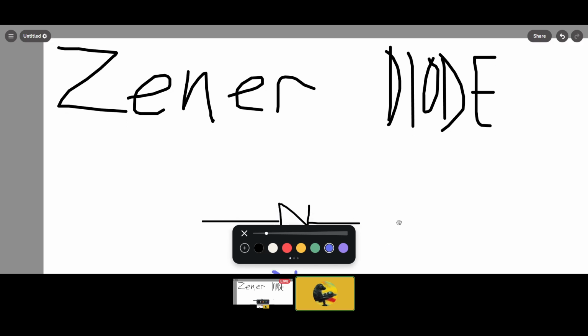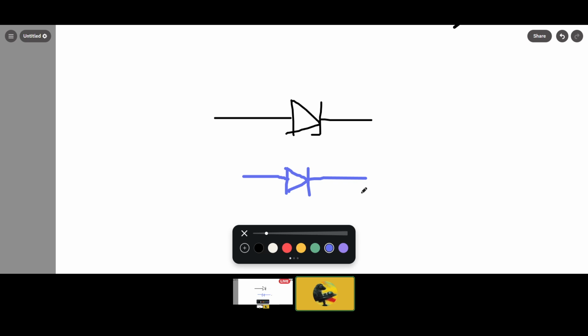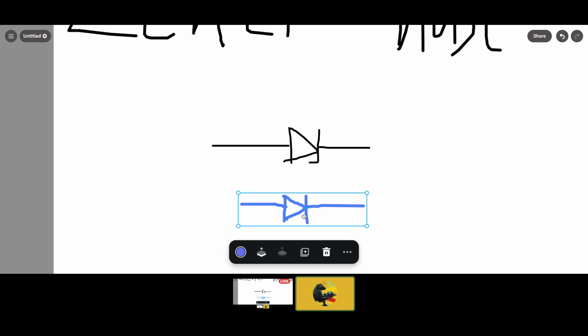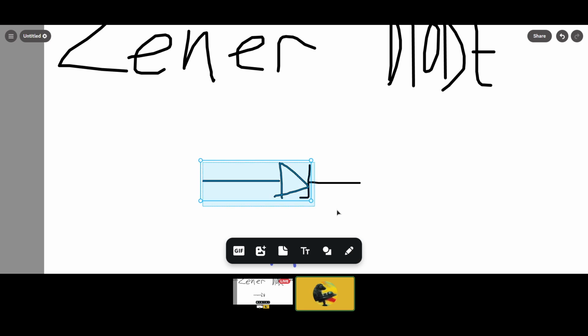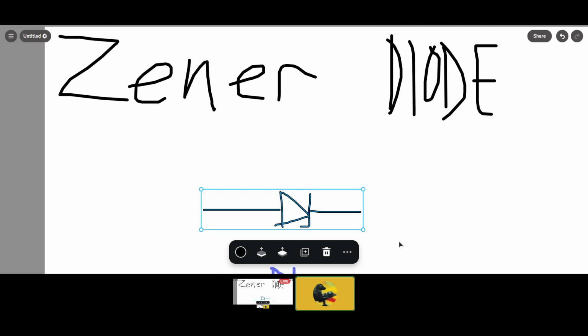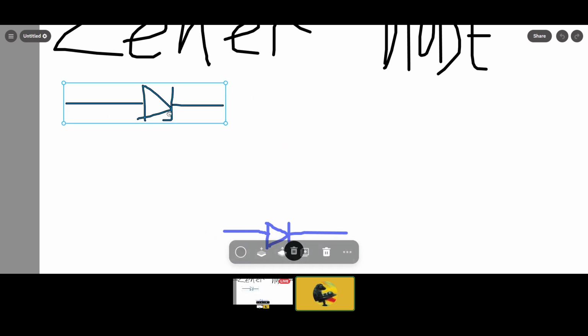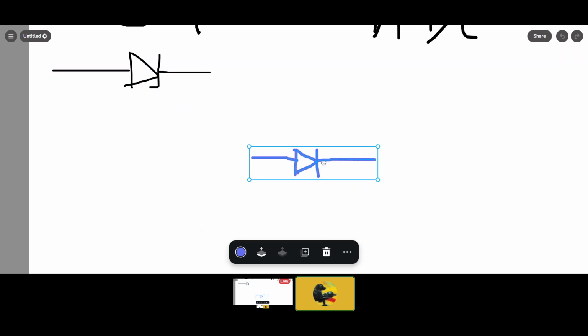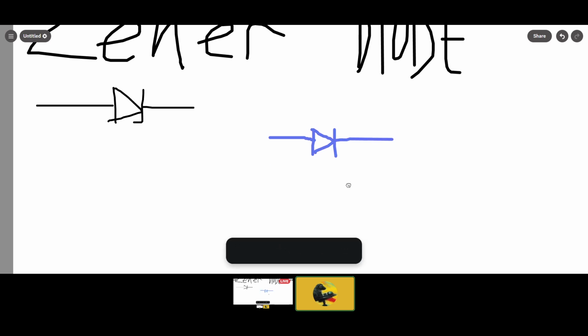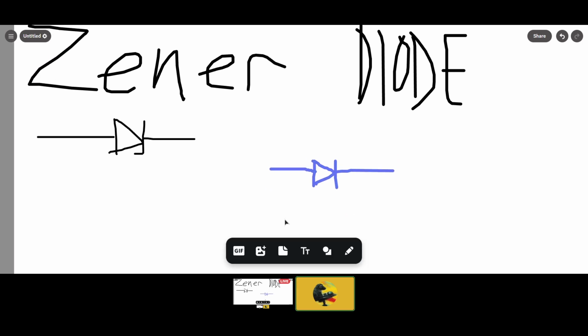Okay, as a recap, we have two diodes in front of us here. This is the normal regular diode, and this is the main attraction for today, the zener diode. So let's do a recap on a regular diode first. The main purpose of a diode is to allow current to flow through one way and prevent current from flowing through the other way.